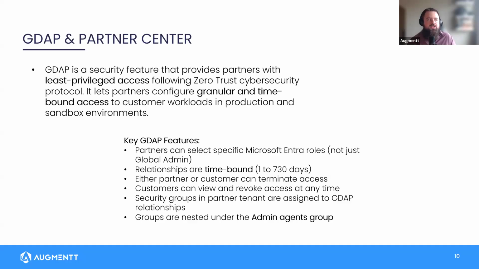They really want you focusing on what it is that we as a service provider are actually going to be servicing for our customers, and being specific that way. Some of the values: both the partner and the customer can terminate access at any time. But the big one is delegating the permissions smartly across your organization through security groups.